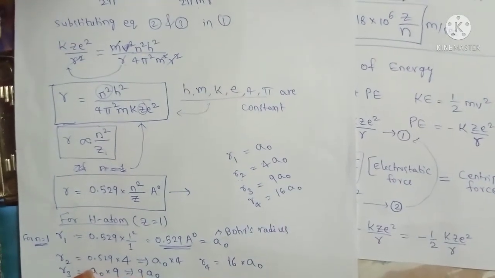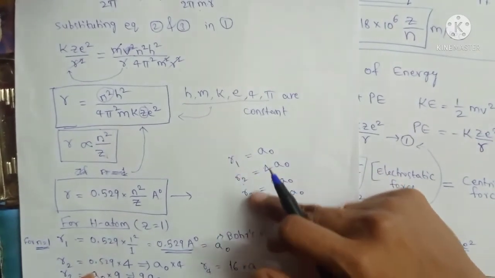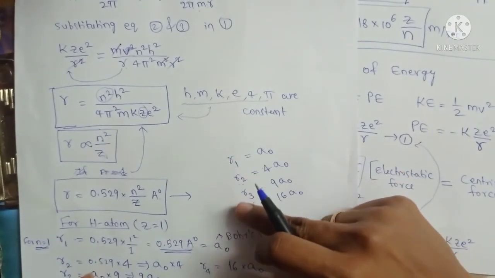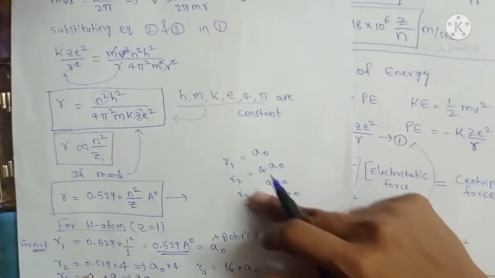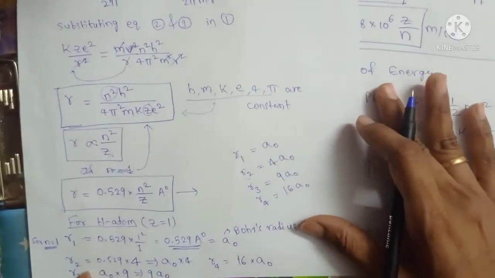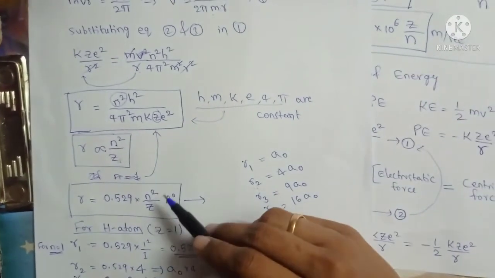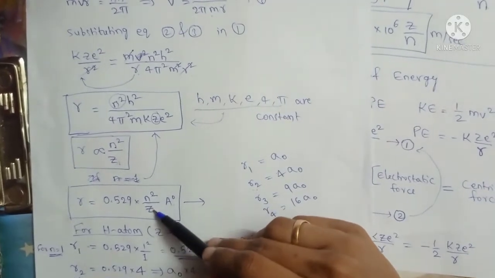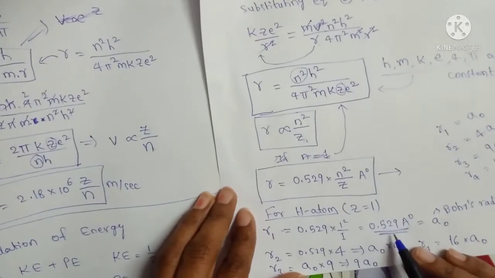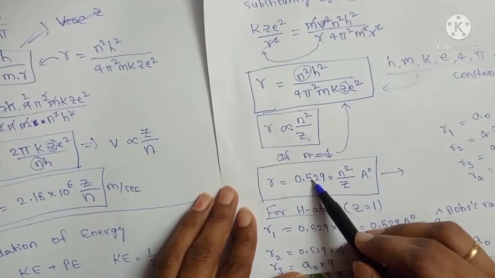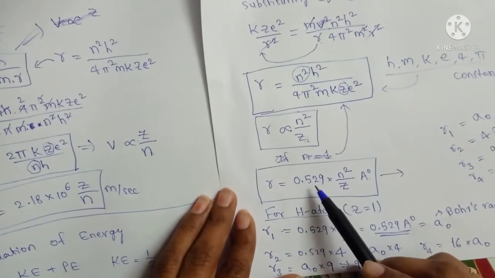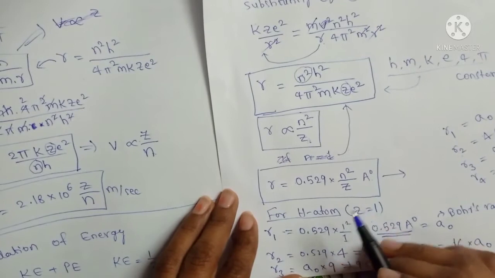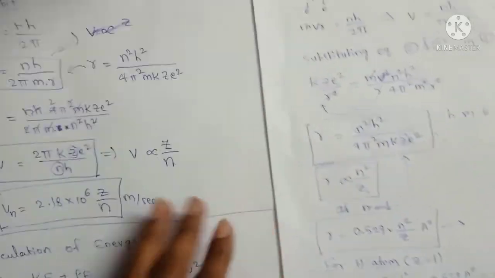So like that, these are the radii of the hydrogen atom: first orbit radius, second orbit radius, third orbit and fourth orbit radius in case of hydrogen. By substituting these values, we can calculate. This is the equation for radius, and we can calculate the radius of any orbit of single electron species.